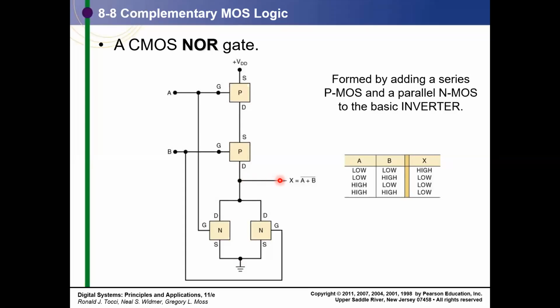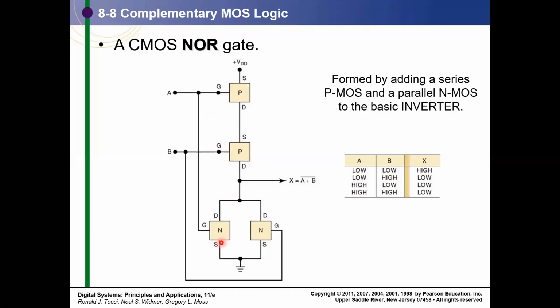This output goes high only on one condition, when both P transistors are conducting, and a P transistor conducts when input is low. So when A is 0 and B is 0, only then I can get the output high. A is low, B is low, X is high.